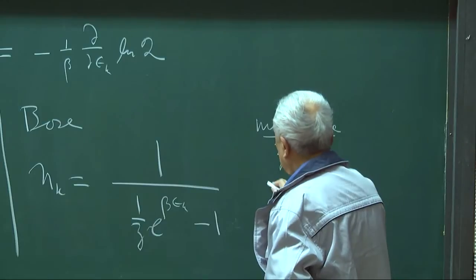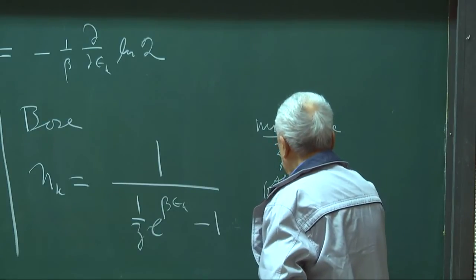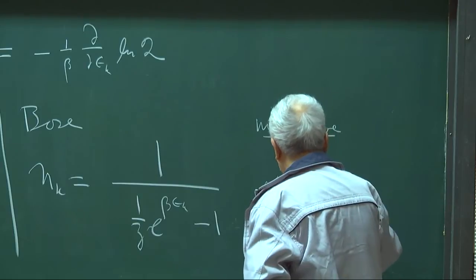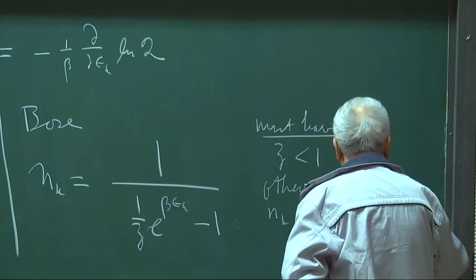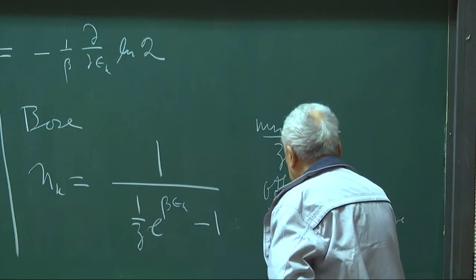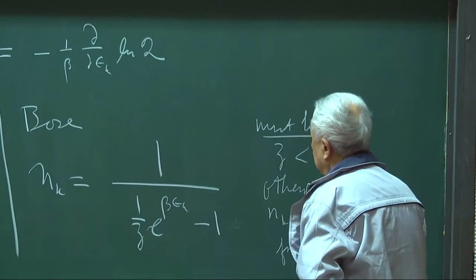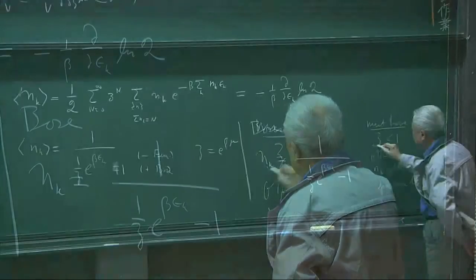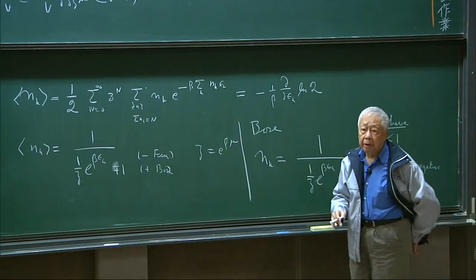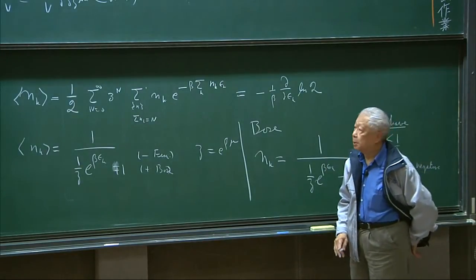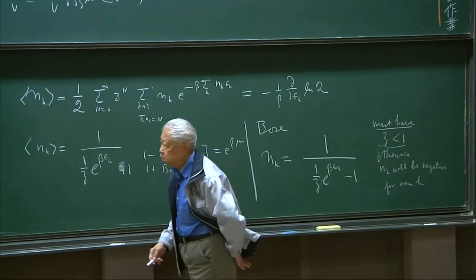Otherwise, n_k will be negative for some k. So for the Bose case, z is limited to z less than 1. We can approach the limit 1, and we'll see what happens at that limit. But for the Fermi case, z can go to infinity.